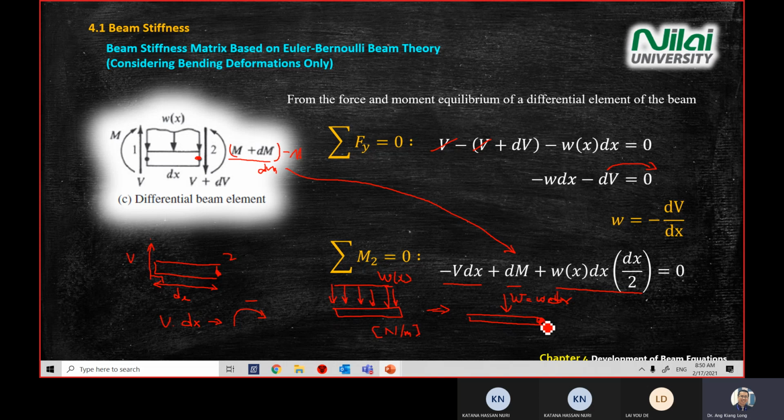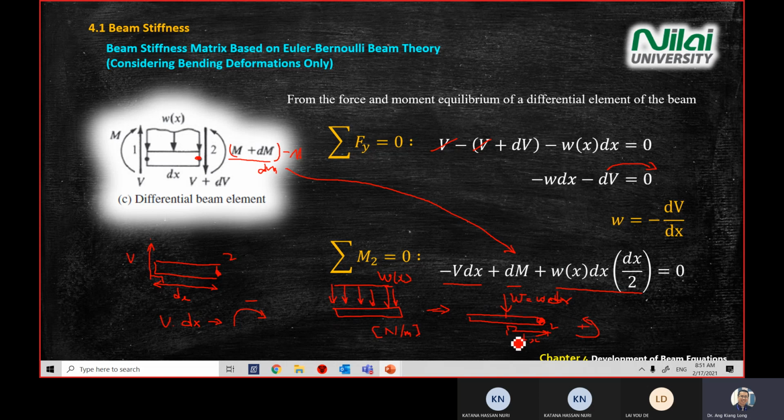You're standing at point 2, looking at the moment at point 2. This focused loading will create an anti-clockwise moment, because dx is 90 degrees to the loading. Anti-clockwise is positive.